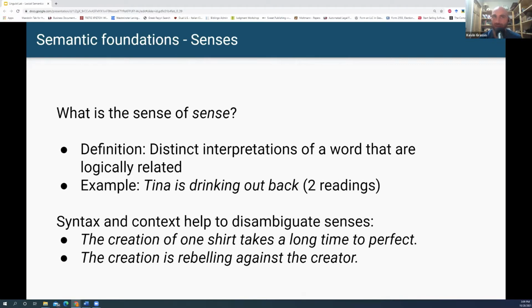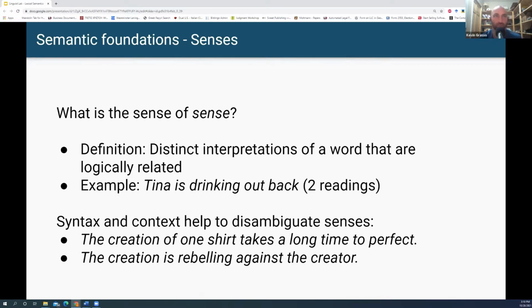So I'm just defining it as distinct interpretations of a word that are logically related. The reason why this is so difficult to define is because it's very difficult to figure out sometimes whether you have a truly distinct sense of a word, or whether the context is just giving you a meaning, and it's not actually the word that's giving you that meaning.